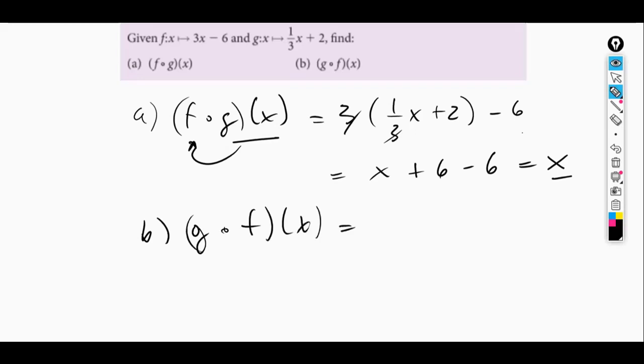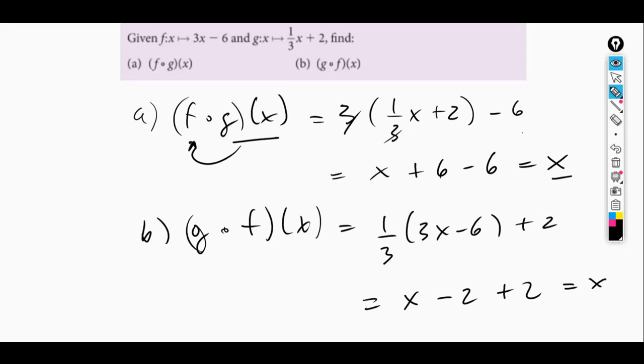So it's backwards. Now we're going to introduce f of x inside g of x. So it's going to be 1/3 times 3x minus 6 plus 2. In this case, we're going to get x minus 2 plus 2, and this also equals x, the identity function. So why is that?